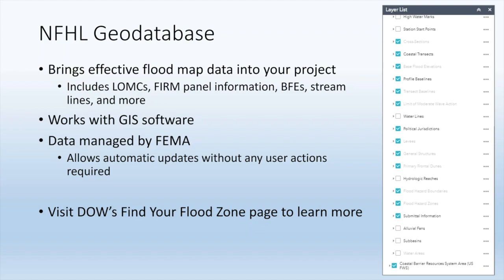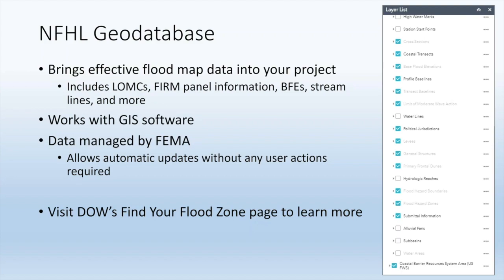So they can automatically update it as time goes on to make sure you have access to the most up-to-date maps available. They update the maps every night at midnight. And then when you log on to your ArcMap project the next day, you have the most accurate information. So anytime new maps go effective, anytime the maps are changed through a LOMA or LOMAR or something like that, you have access to that immediately the next day.